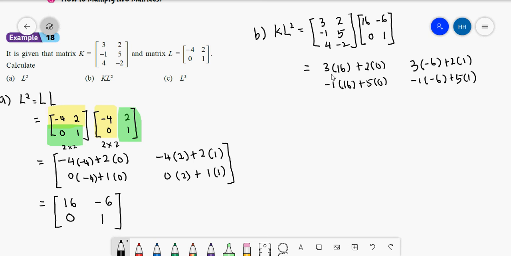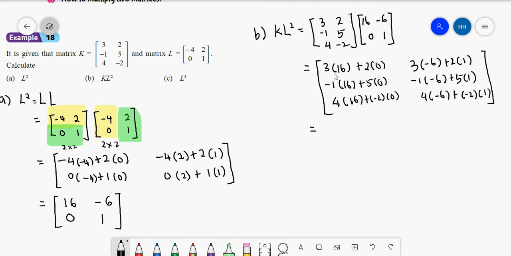And then for the third row, 4, 16 plus negative 2, 0. 4, negative 6 plus negative 2, 1. Don't forget the bracket, equals.